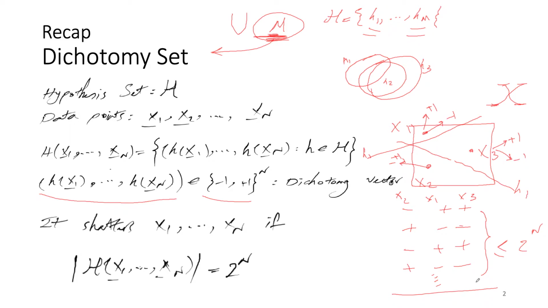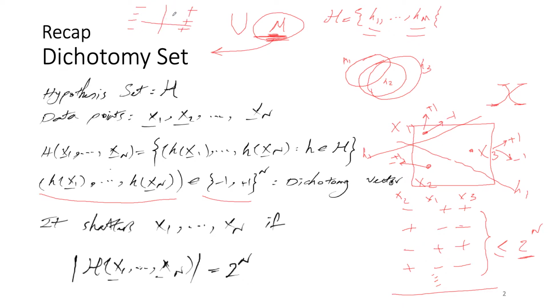And through some examples, we noticed that using 2 to the power of n is much better than m, because m in many cases was an infinite value. As an example, you had pluses here, you had minuses there.